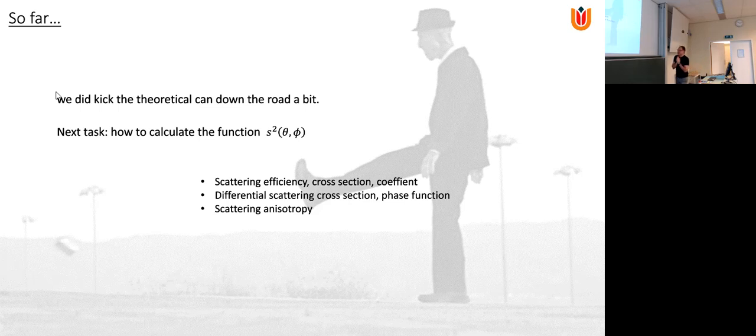If we normalize that, we got the phase function, and then we multiplied the phase function with the scattering cross-section again. We got a differential scattering cross-section, which is admittedly a little bit overcomplicated, but each of these has its own uses. And then finally, to summarize the phase function into a number that tells you its behavior, we have the scattering anisotropy.